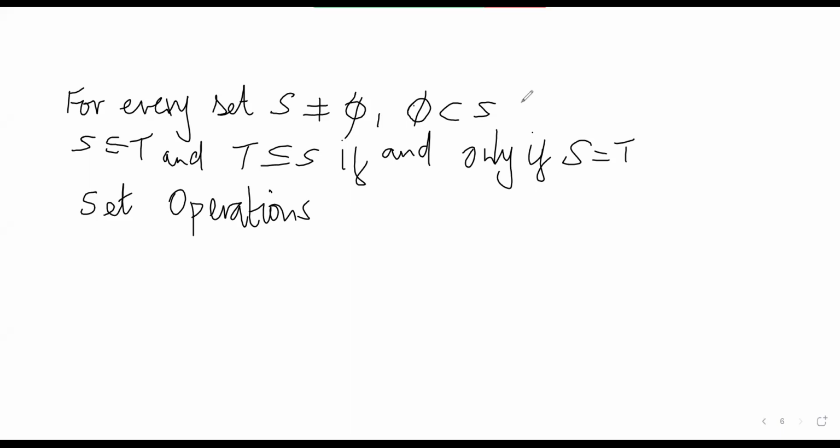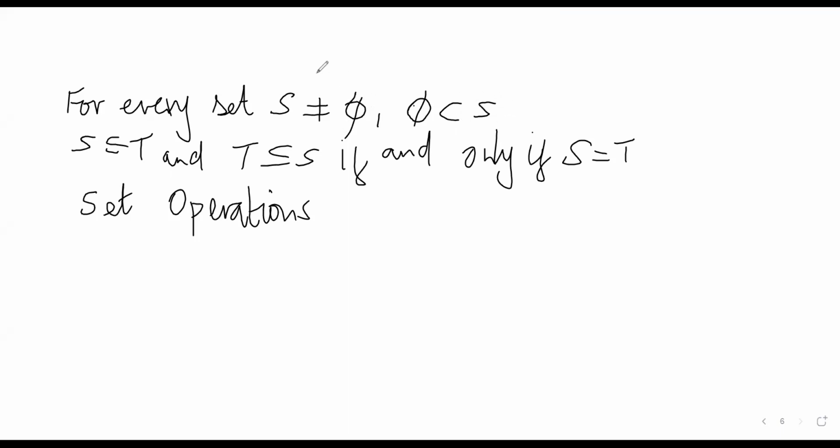For every set S not equal to the empty set, the empty set is a strict subset of S, okay?